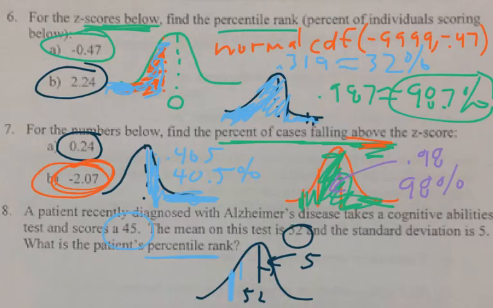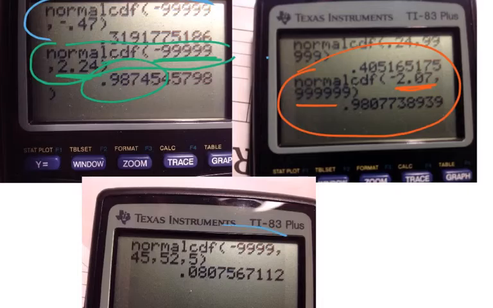So remember, like all the other problems, guys, whenever we want a percentage, we're going to use normal CDF. And always read from left to right. So if I want that percent rank, I want everything from negative infinity all the way up to that 45 score. And here is how it's done on the calculator. Down here, notice I went from negative infinity, guys, up to 45. Now notice the slight difference. I didn't have a regular z-score here, did I?